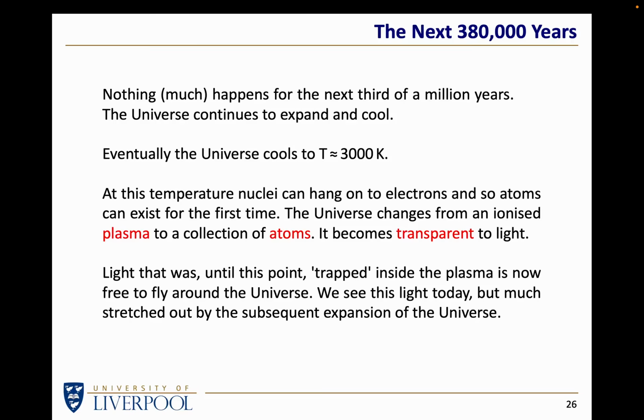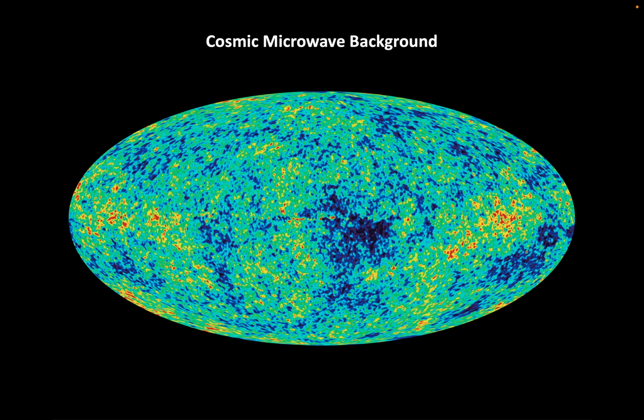And so the light, which originally had a wavelength of order 1 micron or so, has been stretched 1,000-fold by the expansion of the universe. So instead of being a micron or so in wavelength, it's now millimeters or so. The light is no longer visible light, it's now microwaves. And that is the cosmic microwave background.